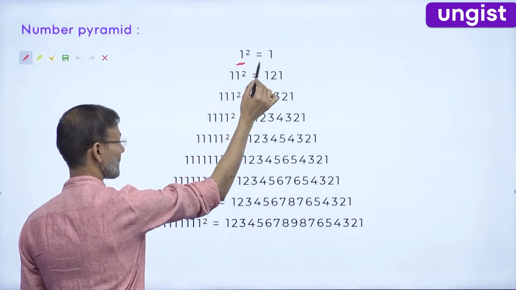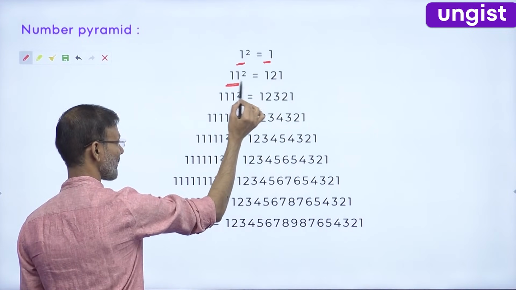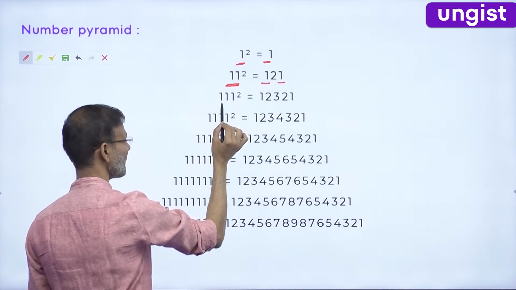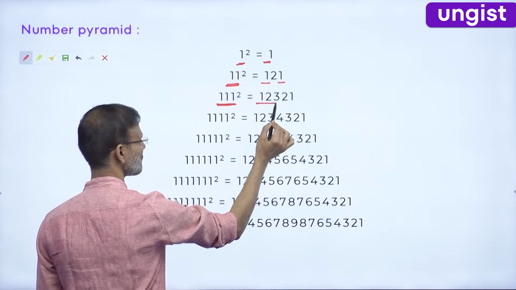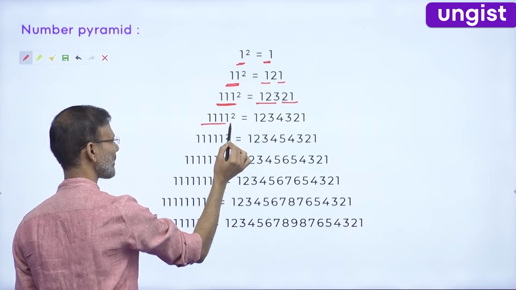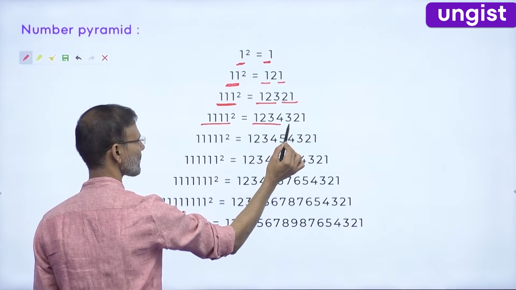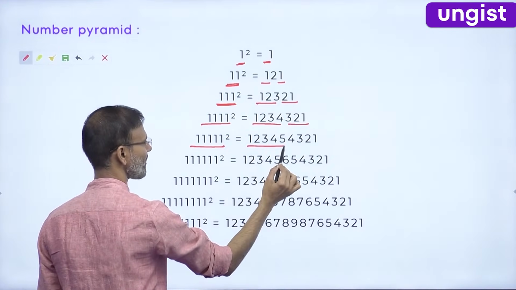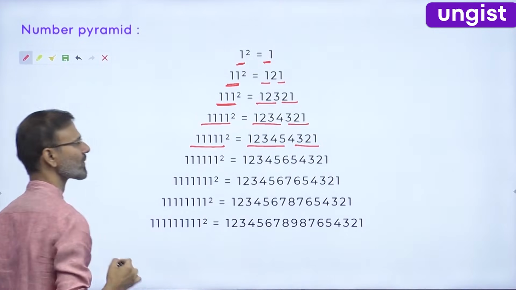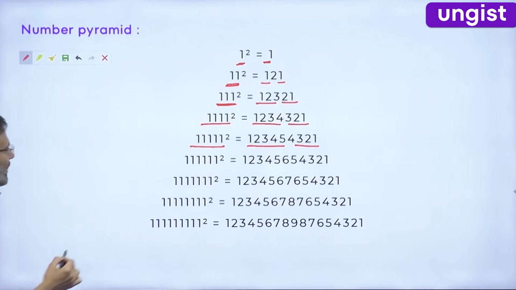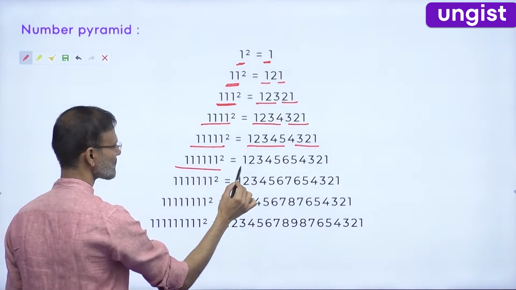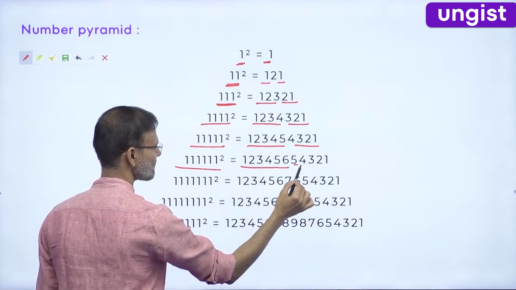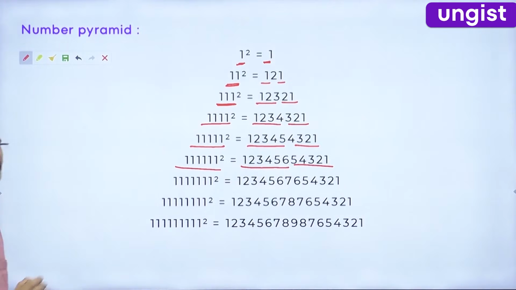If this is 1 times 1, so the square is 1. If this is 11 times 11, the square is 1, 2, 1. If it is 111 times 111, then it is 1, 2, 3, and then 2, 1. If it is 1111 squared, then the square is 1, 2, 3, 4, and 3, 2, 1. If it is 11111 squared, then the square is 1, 2, 3, 4, 5, and 4, 3, 2, 1. If it is 111111 squared, then it is 1, 2, 3, 4, 5, 6, and then 5, 4, 3, 2, 1.